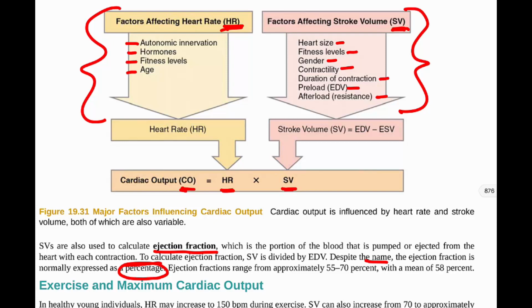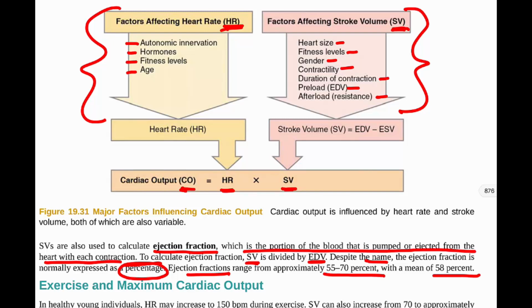The ejection fraction is the portion of blood that is pumped or ejected from the heart with each contraction. So we're taking our stroke volume, the amount of blood that was forced out of the ventricles, and dividing it by our end diastolic volume. In that case, we get 55 to 70%, with a mean of 58%.